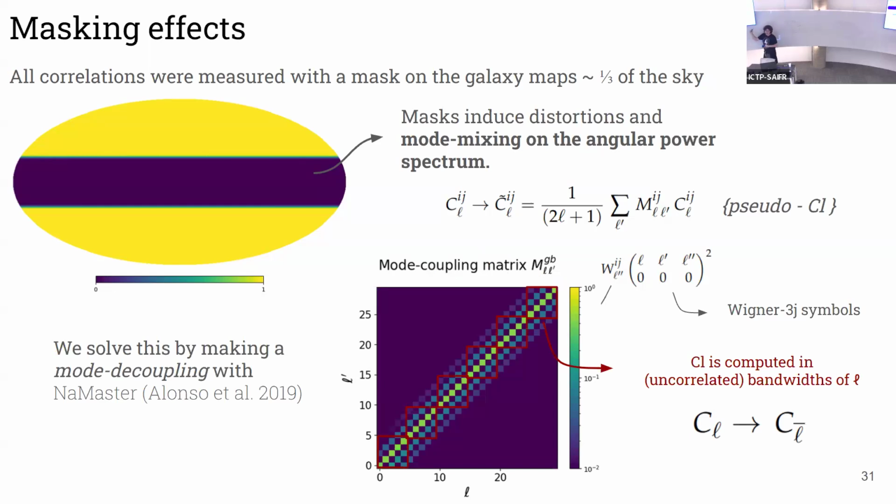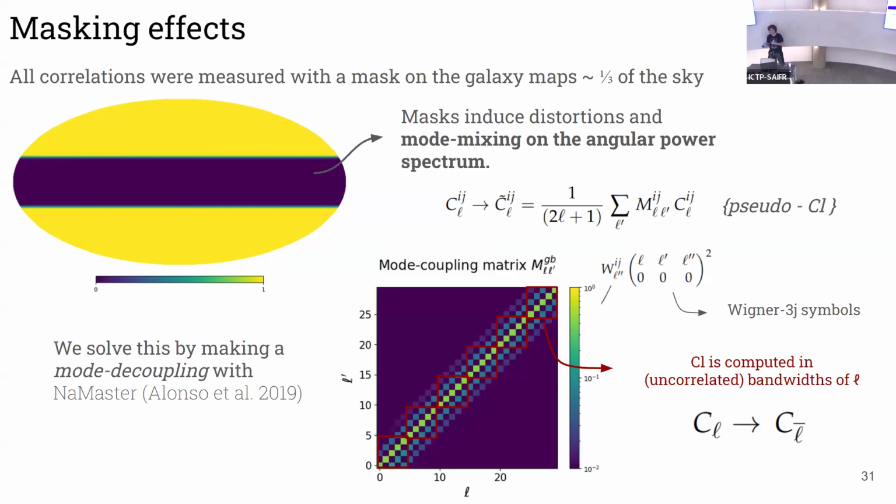The only difference is that we are not computing in individual multiples, but in bandwidths. What we actually end up doing is just removing this notation right here, because it is implicit that we are always working on bandwidths of L.